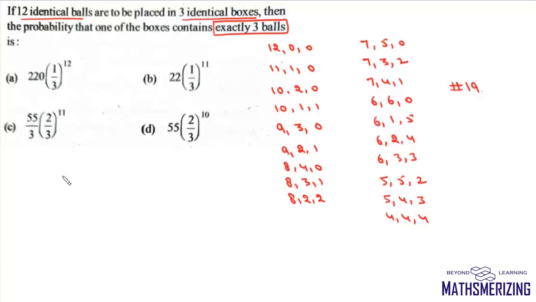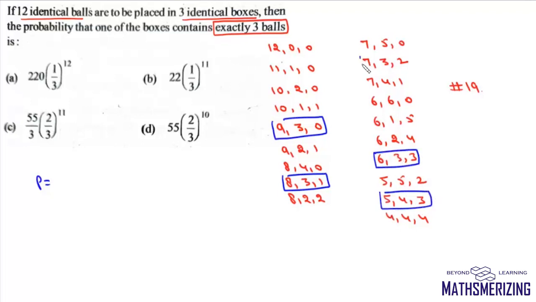Now we have to find the probability that one of the boxes contains exactly 3 balls. Here we have 3, here we have 3, here also we have 3, here we have 3, and here also we have 3. Now this language is not exactly clear.